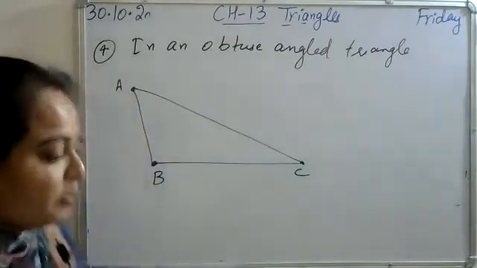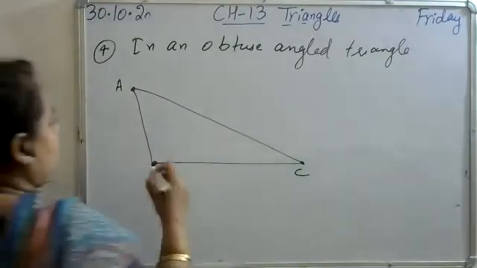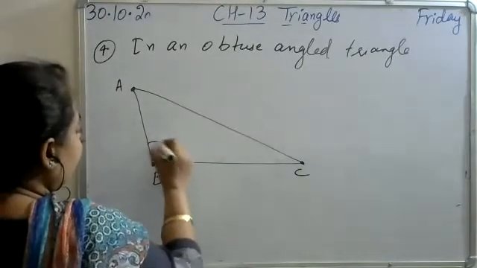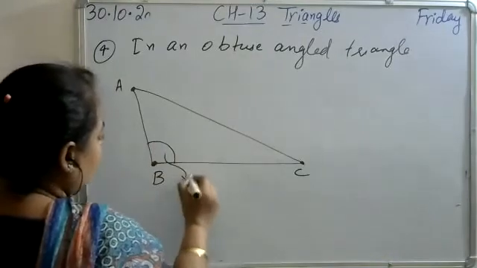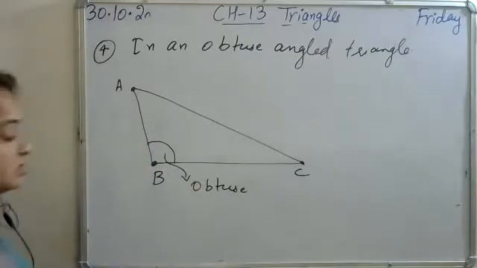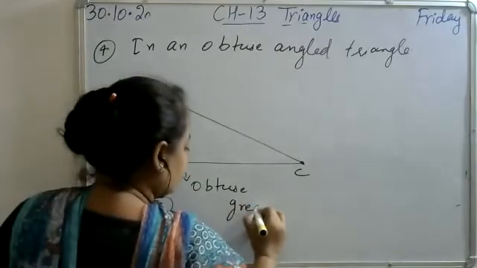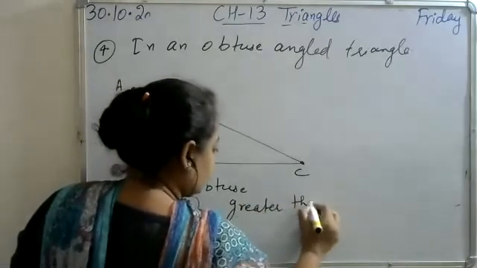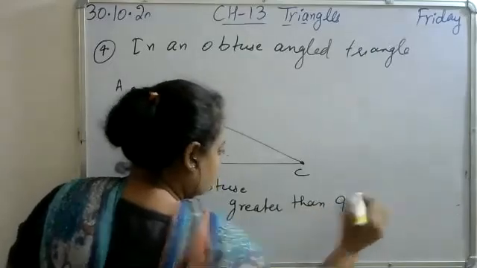Now, in an obtuse angled triangle, this angle is obtuse. Obtuse means greater than 90 degree.